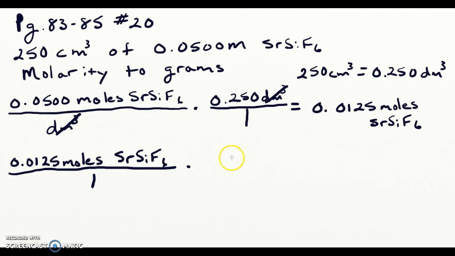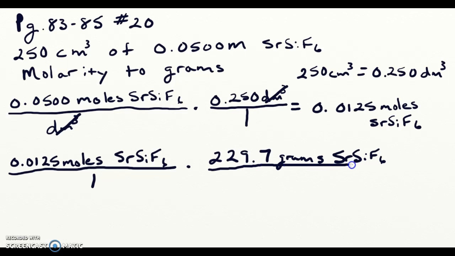I want the grams in the numerator and the moles in the denominator so I can cancel the moles. Always unit driven. Don't be a unit hater. There's 229.7 grams in 1 mole of this stuff, so the moles cancel out and I'm left with grams.